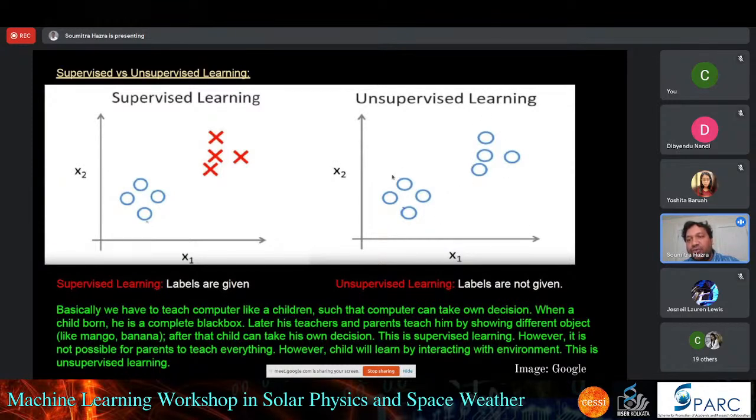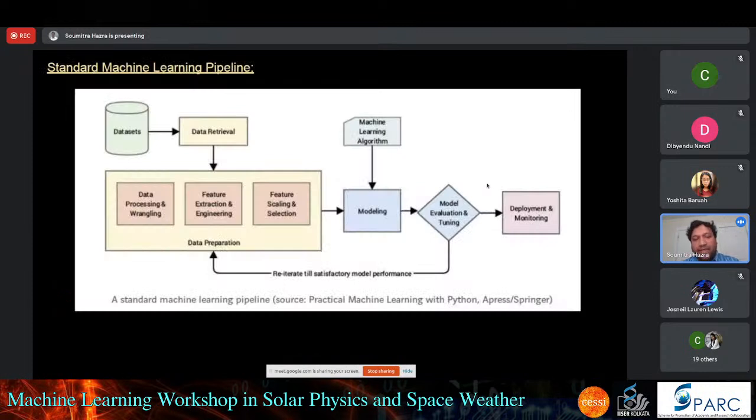You see here, we don't provide labels, but in this method also, the computer can classify the instances. So basically here, in our problem, we already have a past well-known data set where we know that this active region gives flare and this active region doesn't produce flares. So our problem is basically a problem of supervised learning.